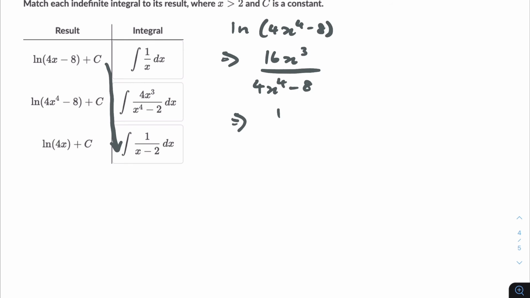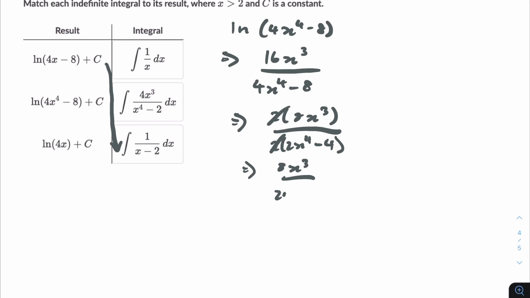If you factor out the 2, you get 8x cubed over 2 times 2x to the power 4 minus 4. Cancel this out. 8x cubed over 2x to the power 4 minus 4. But wait, you can factor out the 2 as well. So you get 4x cubed over x to the power 4 minus 2. And that matches up perfectly with this one.